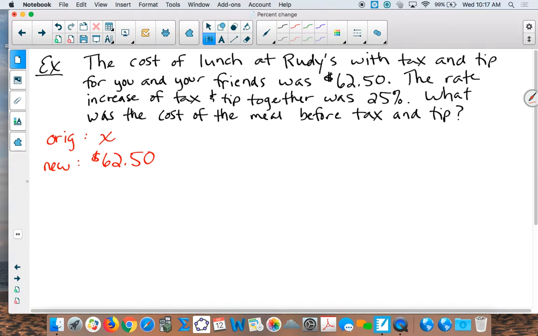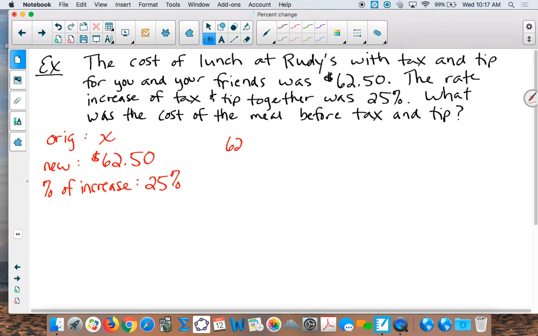Our new value after the tax and tip is $62.50. And our percent or rate of increase, okay, we know that it's getting bigger because we had our bill, then we had tax and tip, and then our bill increased to $62.50, is 25%. Okay, so the positive difference, our new value is going to be bigger than our original value because we are increasing.